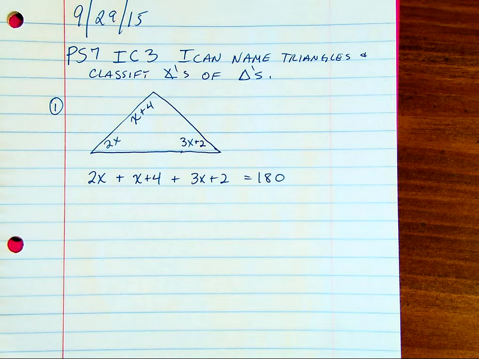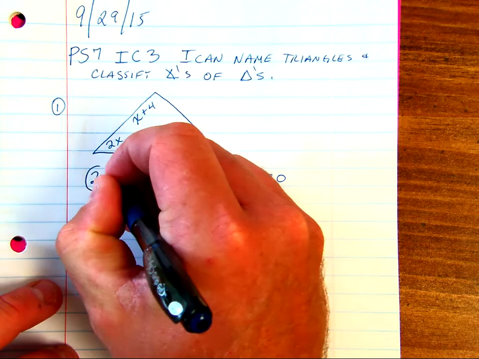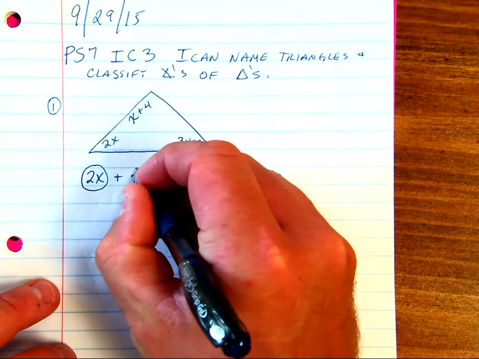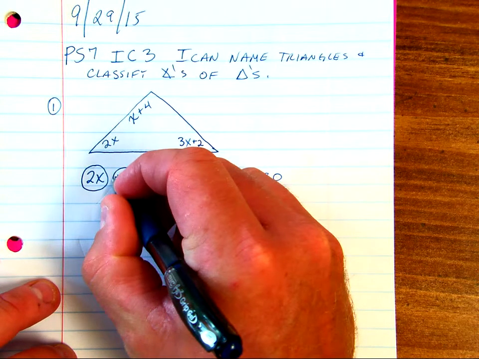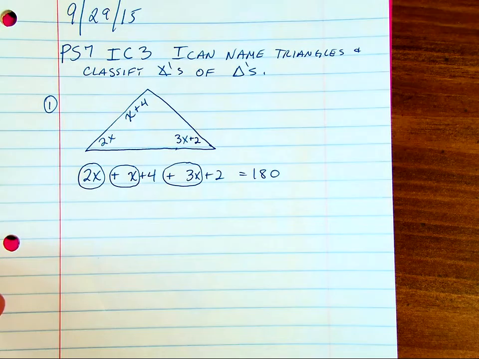Right? Remember doing this now. And then we use that phrase called combine like terms. And remember to always circle the sign in front of the variable or circle the sign in front of the number. That'll tell you if it's positive or negative.